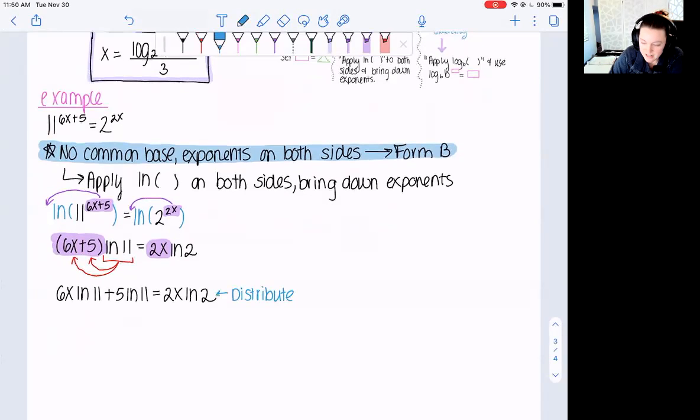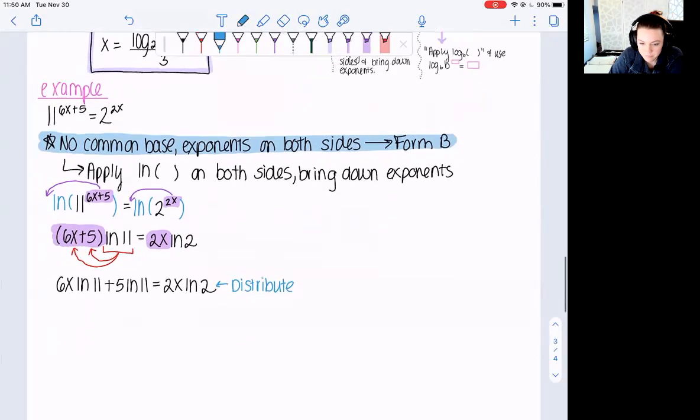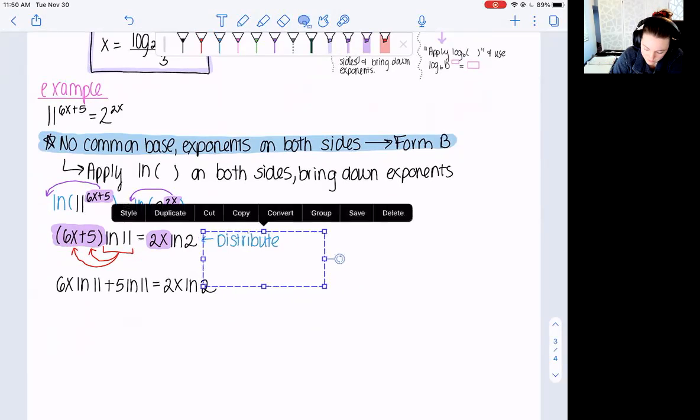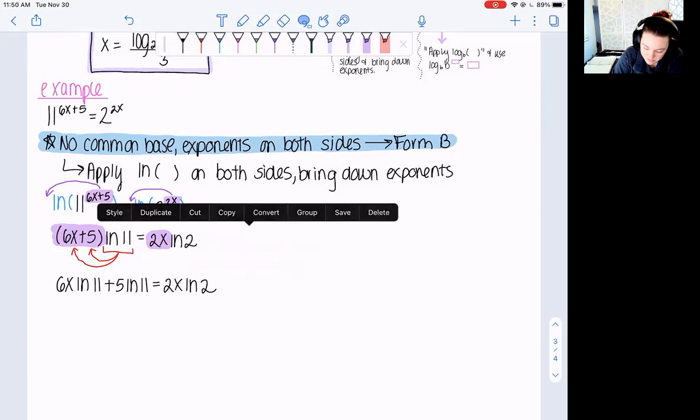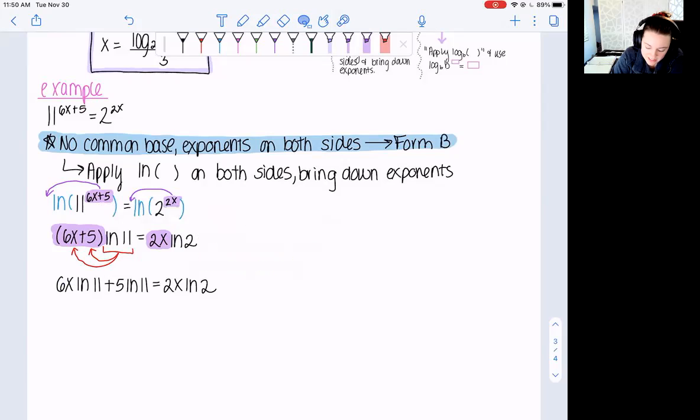That's what happened on this step. We distributed. For the next step, you need to collect all the x terms on one side. So all terms with x need to be on one side, anything without an x on the other.